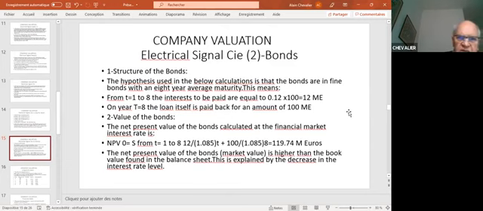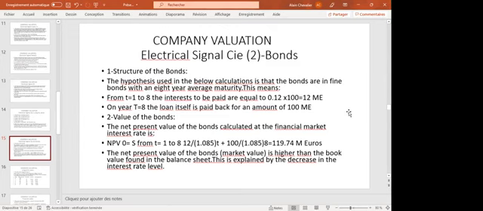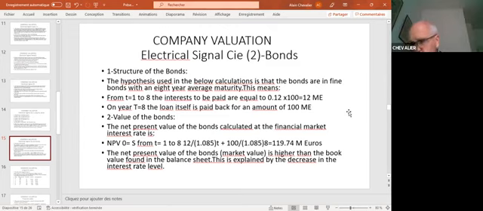The hypothesis used in the calculation below is that the bonds are infine bonds with an 8-year average maturity. It is clear that with a longer or shorter maturity, or with a different structure, zero coupon, equal annual payment, equal annual repayment, the calculation will be different.